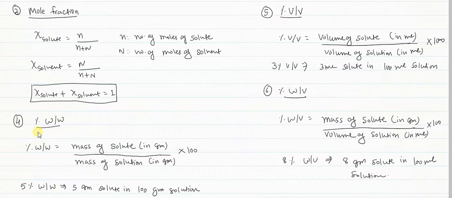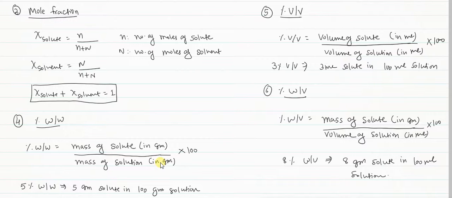The other concentration term is called percentage weight by weight, or W by W. It is nothing but mass of solute upon mass of solution. Now I have written over here that both of them are in grams, but they could be both in kgs also.